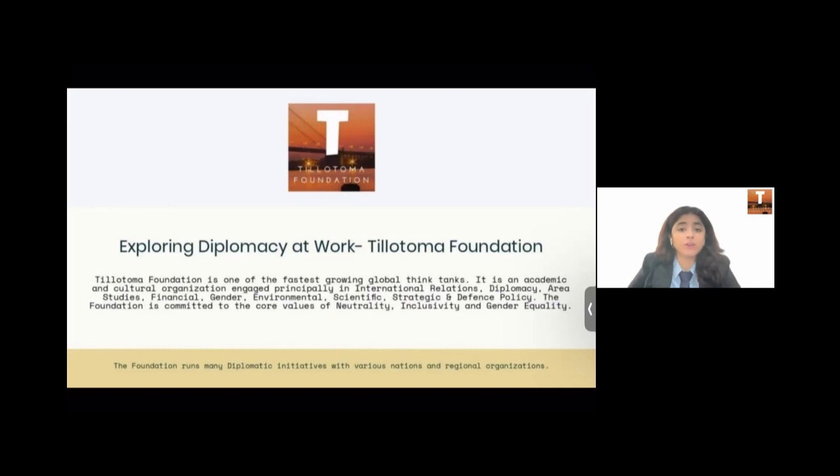So through these Track Two diplomatic dialogues, and by providing a platform for open and constructive discussions, we encourage collaboration, trust building, and exchange of ideas. And these efforts contribute to fostering stronger diplomatic relations and enhancing mutual understanding among the nations.